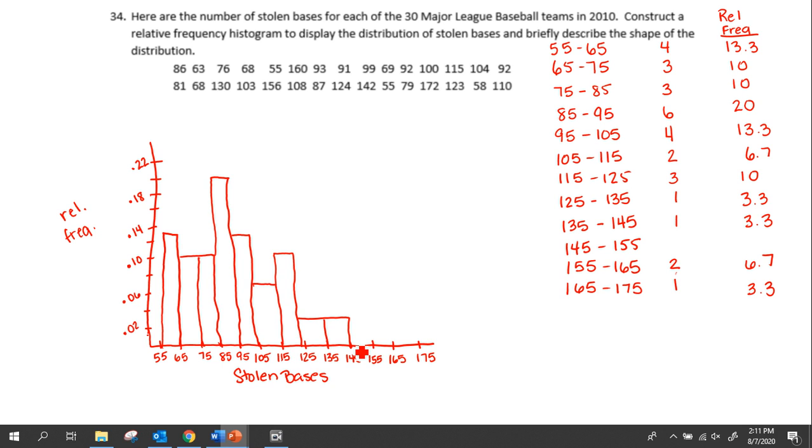I have nothing at all from 145 to 155. Then I go back to 6.7%. Then my last column is 3.3%. And it says, briefly describe the shape and distribution. So the shape would be skewed to the right.